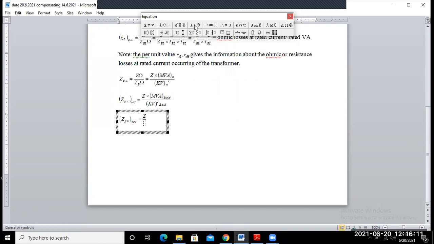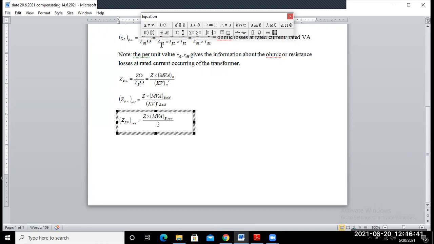Okay, so into MVA base new, divided by kilovolt whole square base new.